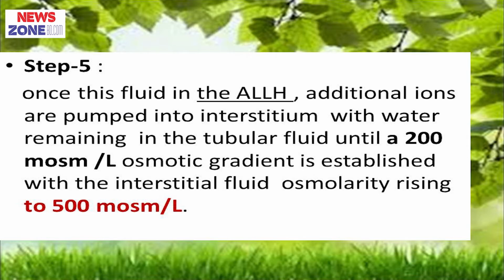If more than 200 milliosmolarity of solute enters the interstitium, it comes back to the renal tubule again by the leak channel. So it is always maintained that the inside and outside concentration has a 200 milliosmolarity difference.